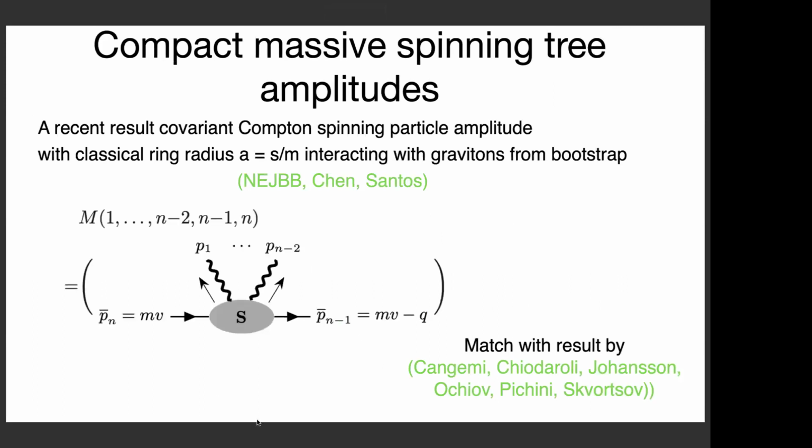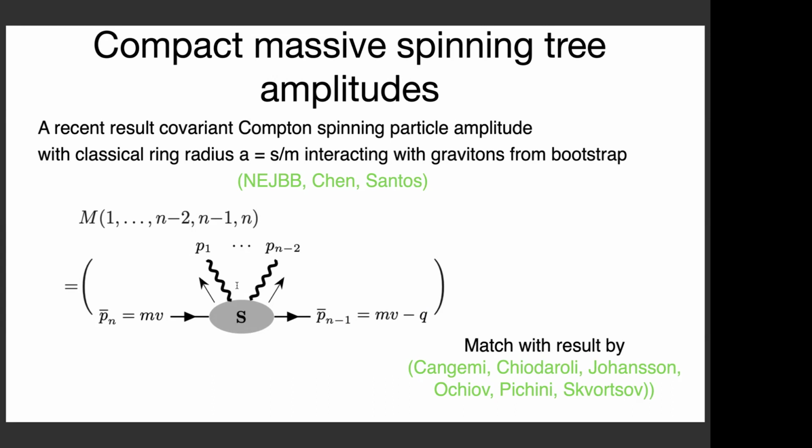And as a further aside, a recent result that I was involved in deriving is also considering more exotic particles than just massive spinless particles. One can also consider spinning particle amplitudes, where the massive line is now what we would understand as a massive object that has a spin and a classical ring radius that is interacting with gravitons.